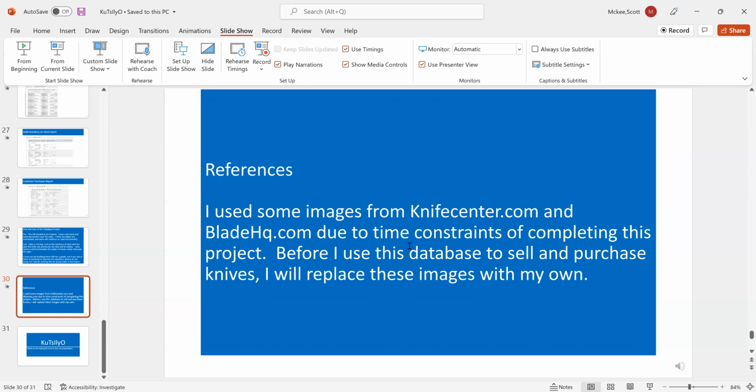Before I use this database for real sales, I'll replace those images with my own, so I'm not stealing their copyrighted information. It was just for the class to have the images.